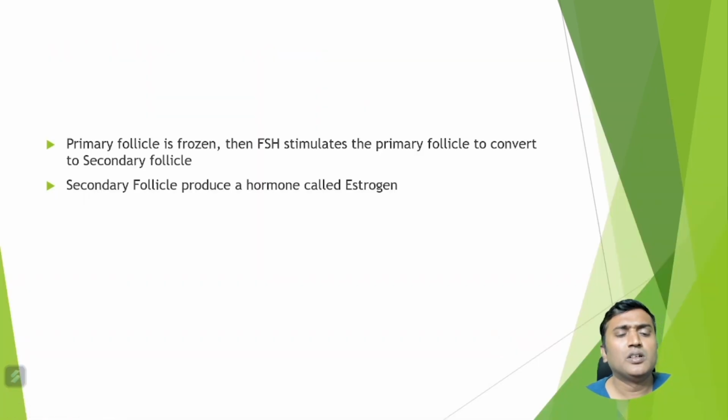FSH stimulates the primary follicle to convert into the secondary follicle. The secondary follicle produces a hormone called estrogen. This estrogen and the progesterone from the corpus luteum have an effect on the uterus by preparing the endometrium.